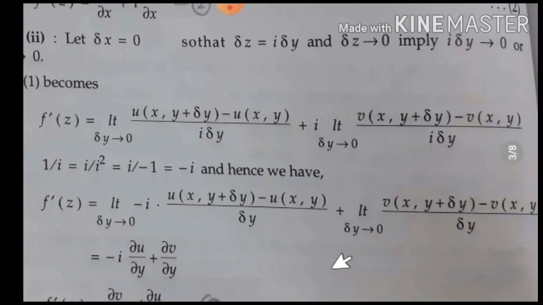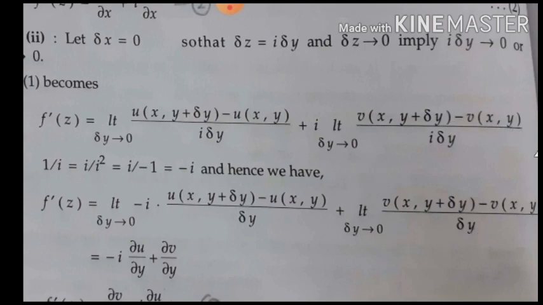Now this is nothing but, again by the definition, a small increment of u done with respect to y. So it is the definition of the partial derivative of u with respect to y. Here a small increment of v is done with respect to y: the small increment of the v function with respect to y minus the v function, divided by the small increment of y.